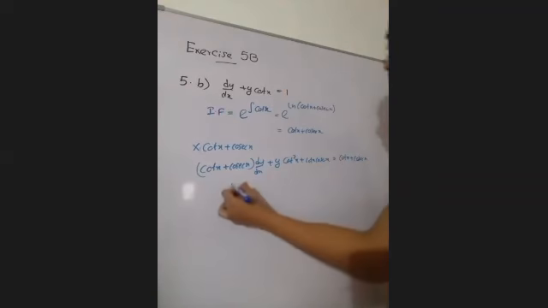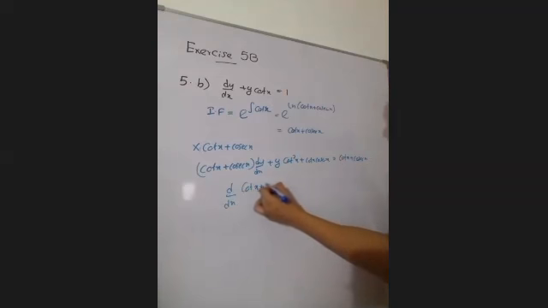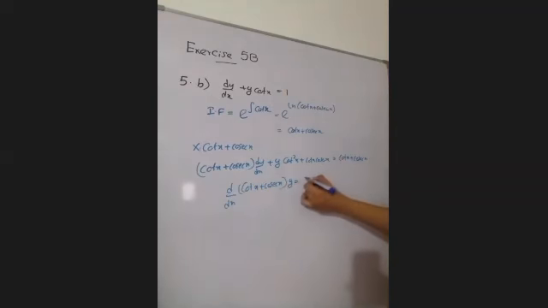So the method after that is the differentiation of cot x plus cosec x into y is equal to cot x plus cosec x.